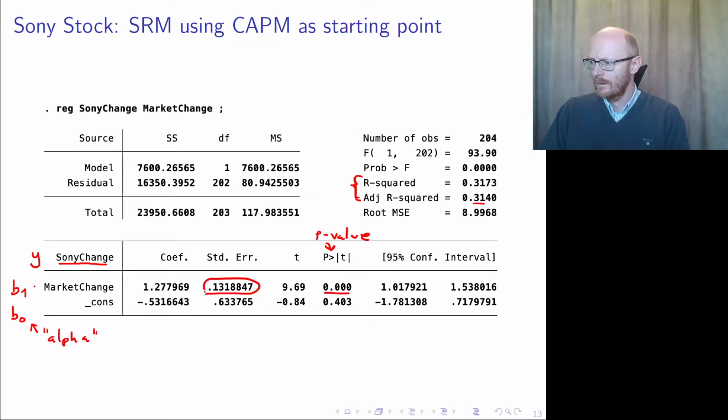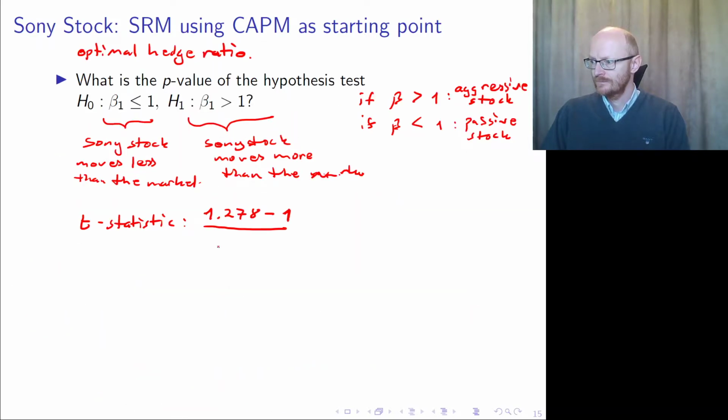Okay, so we have used the coefficient, and we have used the standard error 0.1319, which gives us 2.11, if I remember correctly.